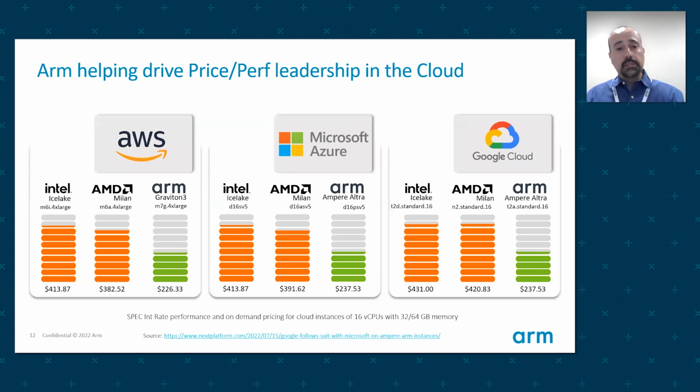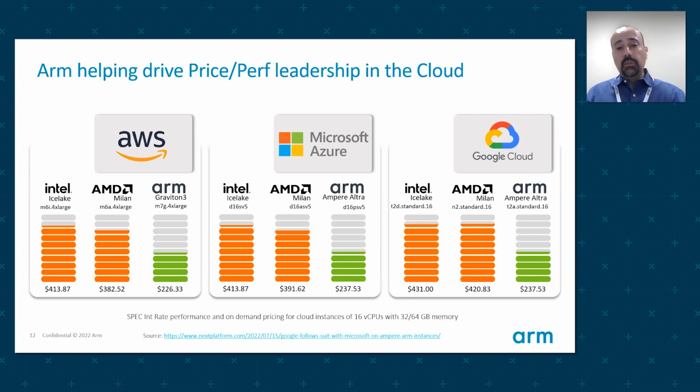So where does that get us? That gets us to being able to offer a multi-cloud environment for running ARM workloads. And it also helps us drive the price performance leadership in the cloud. What I show here is a graph of the top 3 cloud providers comparing their cost per performance metrics using Intel, AMD, and ARM-based instances.